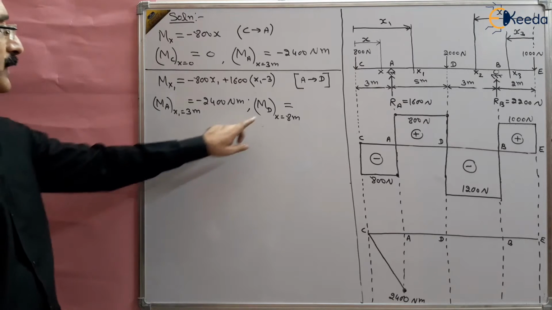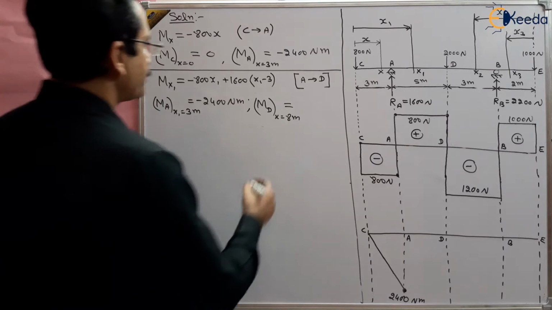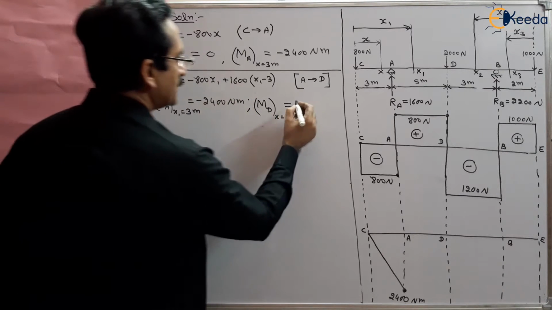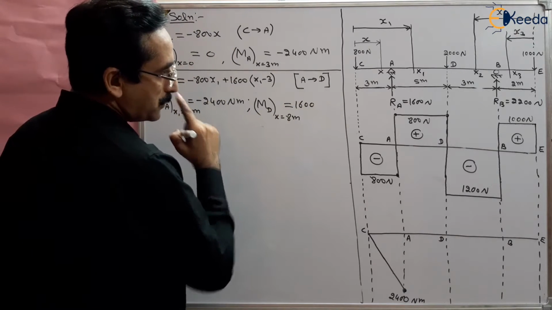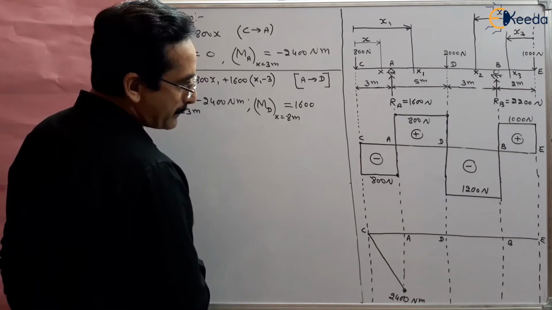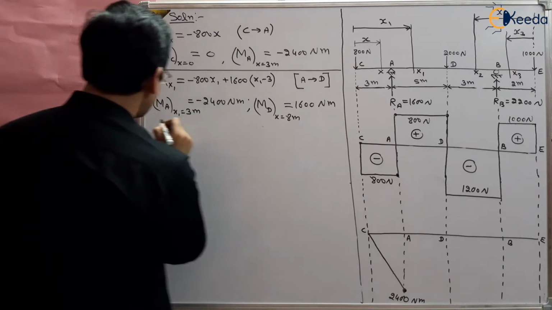Find out MD at 8 meters. You will get the value as 1600, and it will come out to be positive, 1600 Newton meter. Solve it and you will get this value.